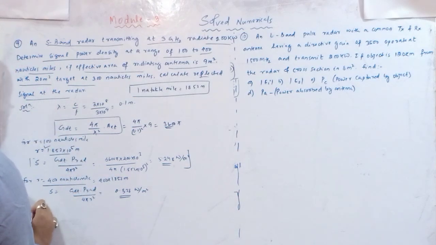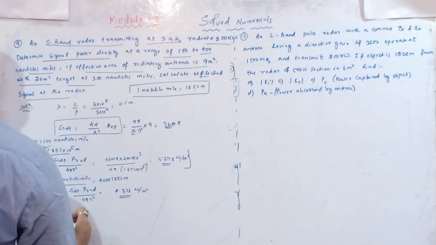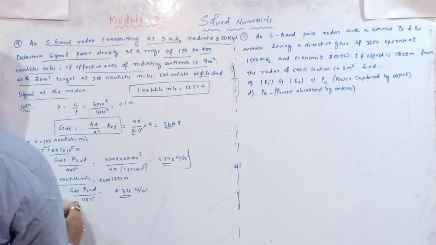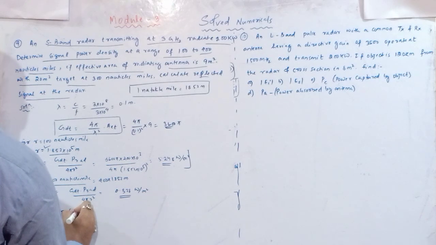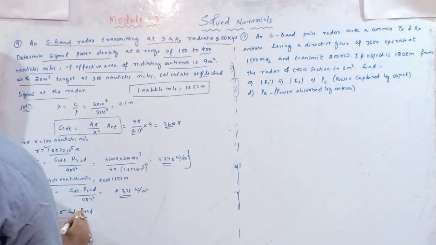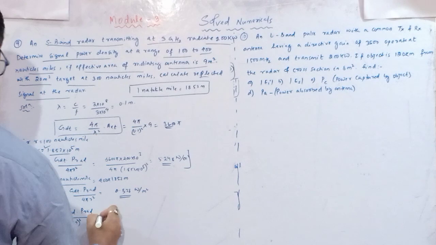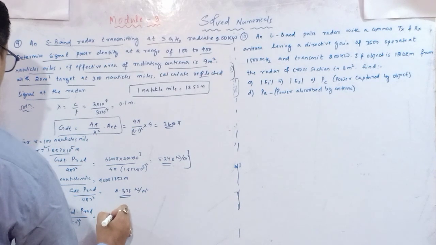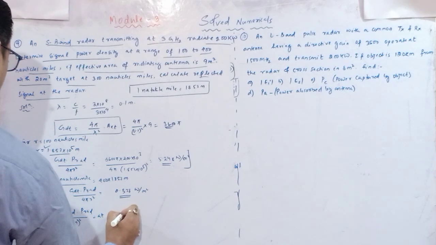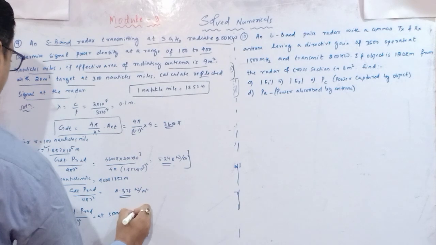The power received equals effective area into sigma into GD into P rad divided by 4 pi R whole square. So this is the simple relation at 300 nautical miles we are determining.